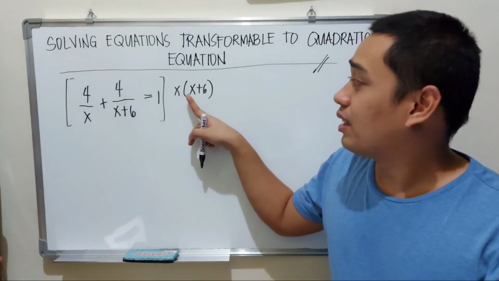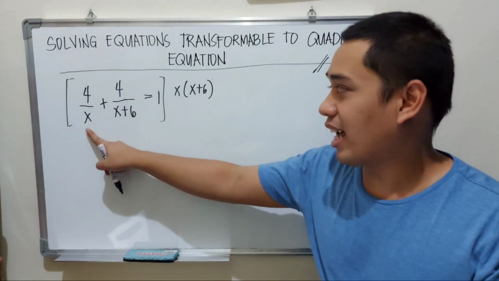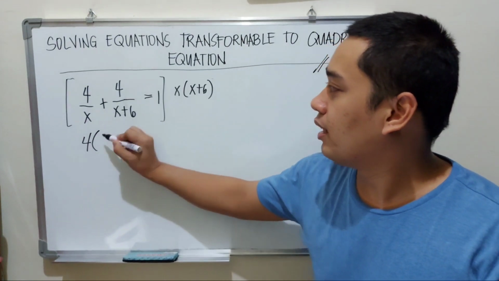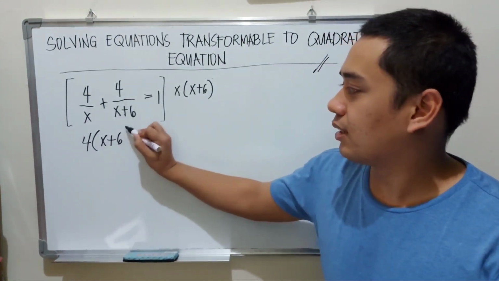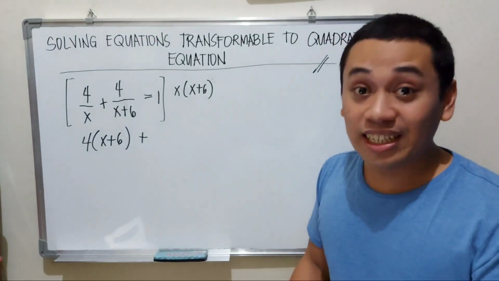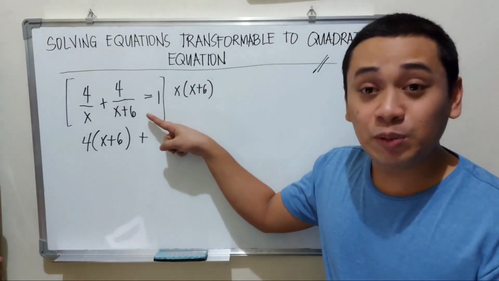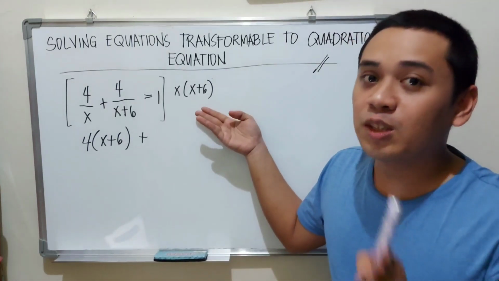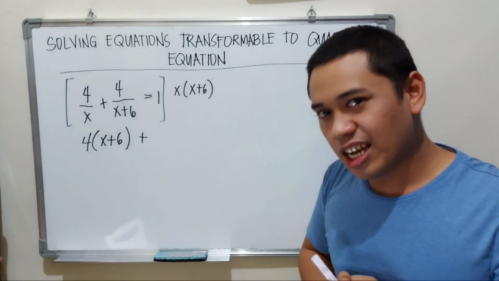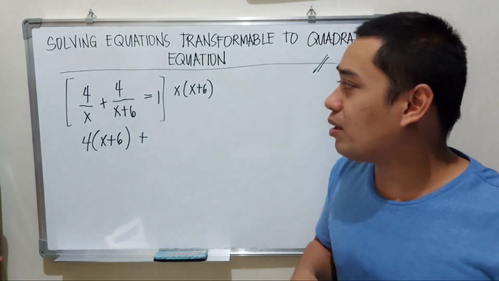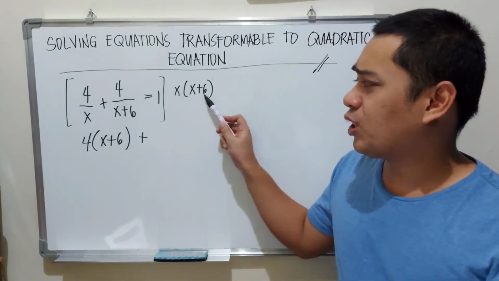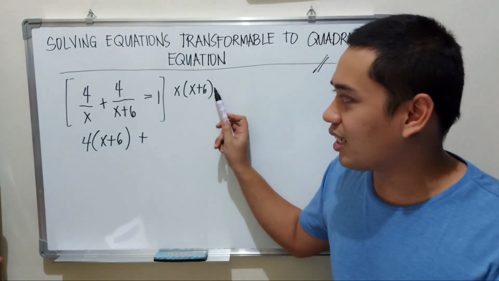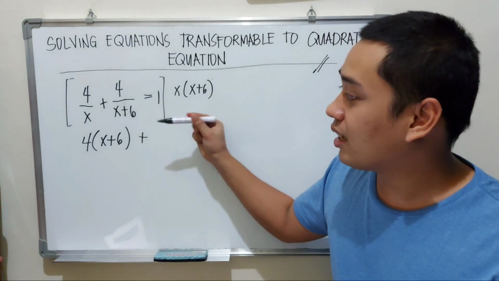X times x plus 6 divided by x, makakancel si x, then we will have 4 times x plus 6 plus, so next naman, si 4 over x plus 6 ay i-multiply kay LCD na x times x plus 6. Ang mangyayari dyan, LCD divided by the denominator, x times x plus 6 divided by x plus 6, makakancel si x plus 6, you have 4 times x.